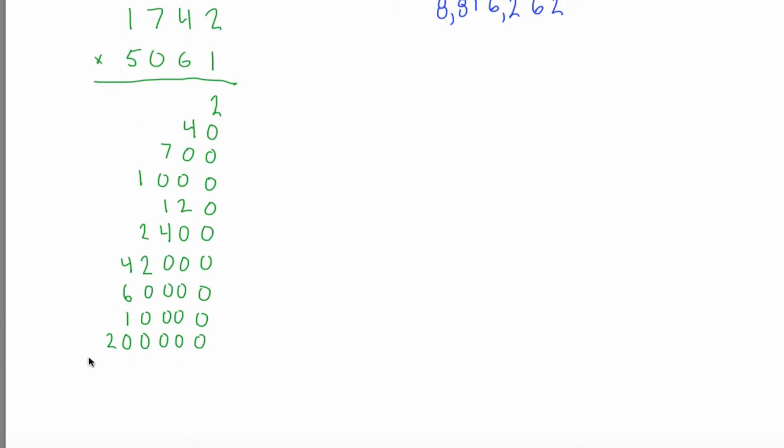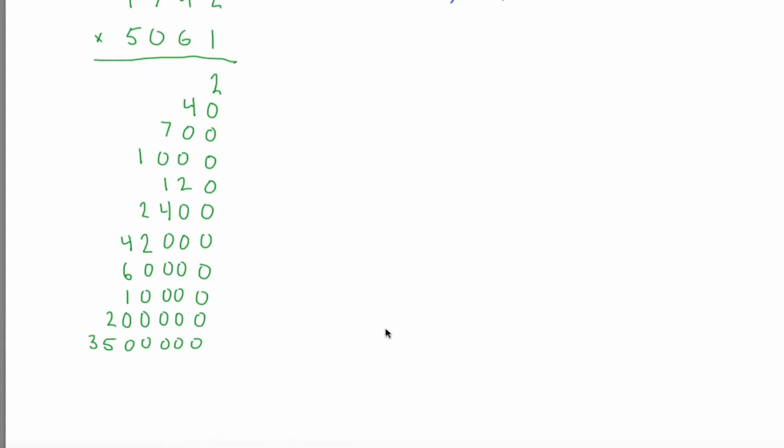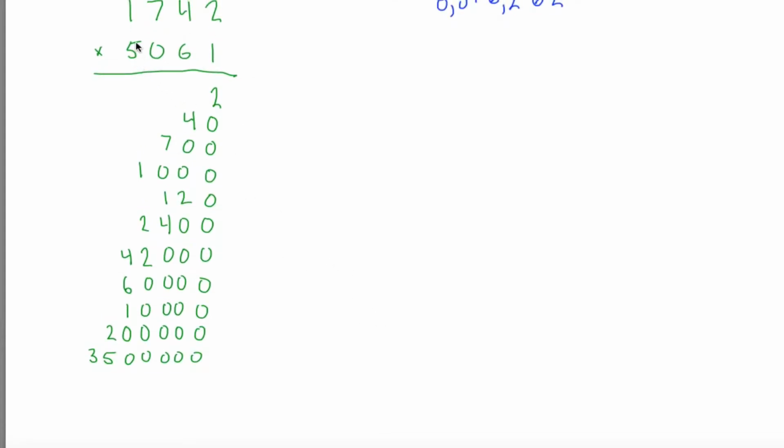So I want 5 zeros with a 35 out in front. And then finally, 5,000 times 1,000 is 5 million, or 5 times 1 is 5, and I have 6 zeros tacked on. So I get 5, and then these 6 zeros.